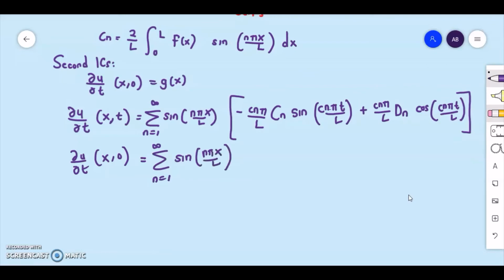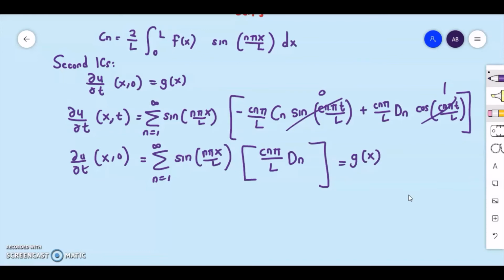We can see that when t is 0, sine 0 is 0, cos 0 is 1. That gives me cnπ/L d_n, which equals g(x).